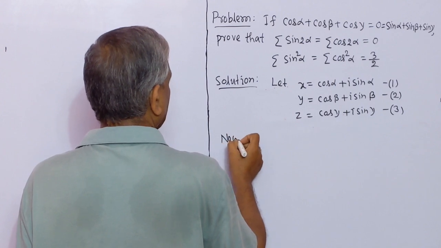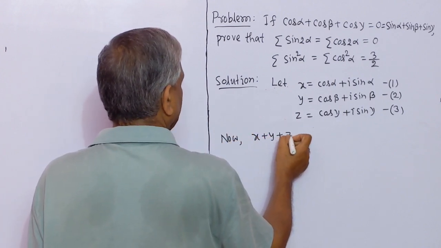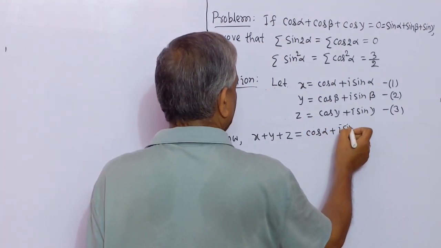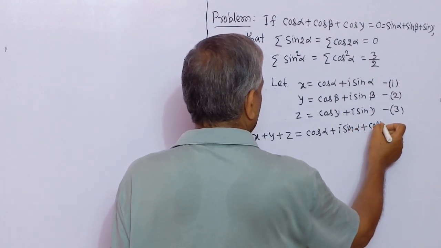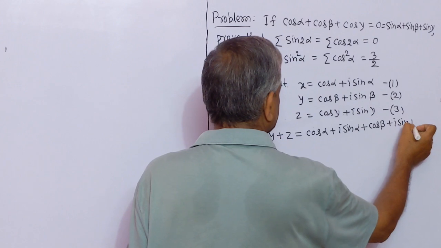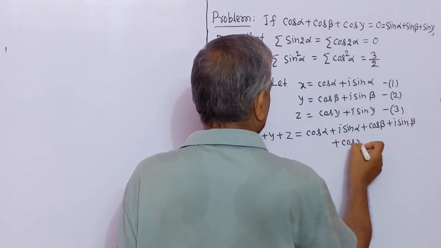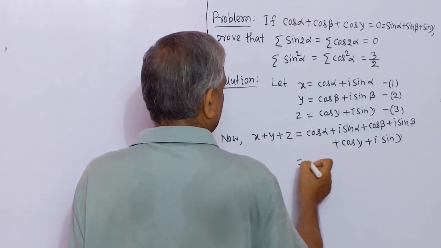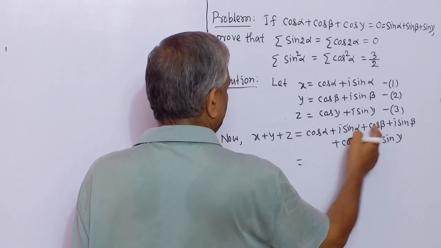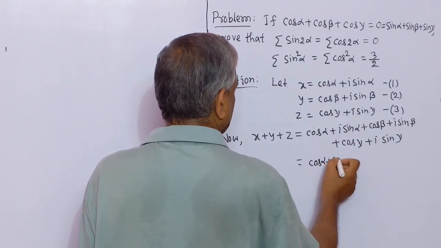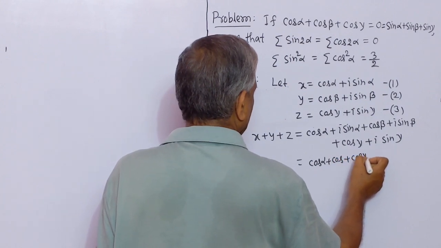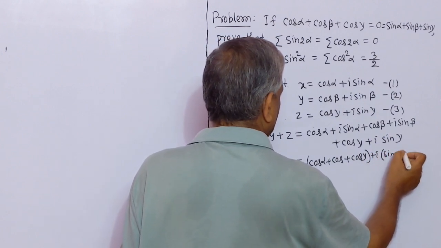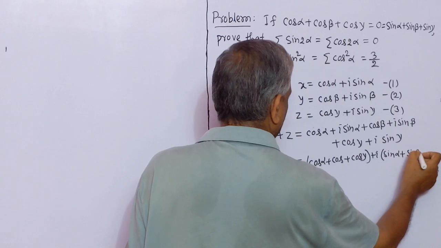Now x plus y plus z equal to cos alpha plus i sin alpha plus cos beta plus i sin beta plus cos gamma plus i sin gamma, and we may write the real part cos alpha plus cos beta plus cos gamma, and the imaginary part i times sin alpha plus sin beta plus sin gamma.